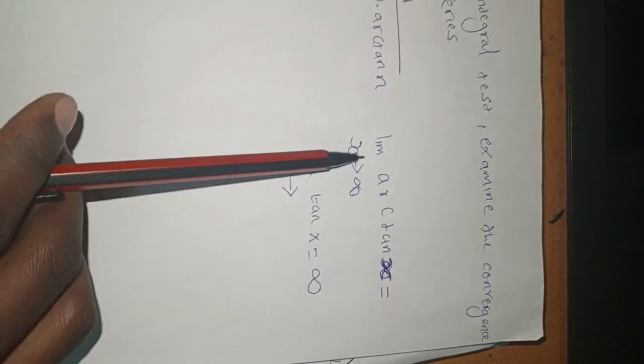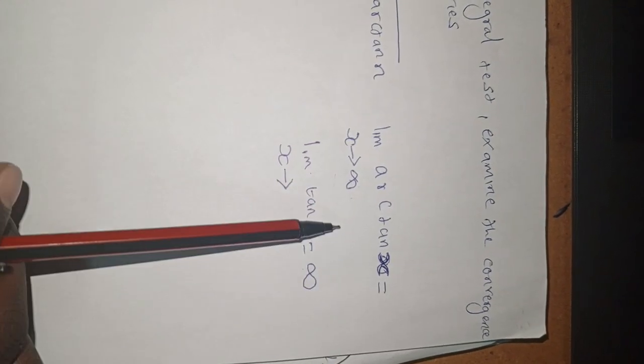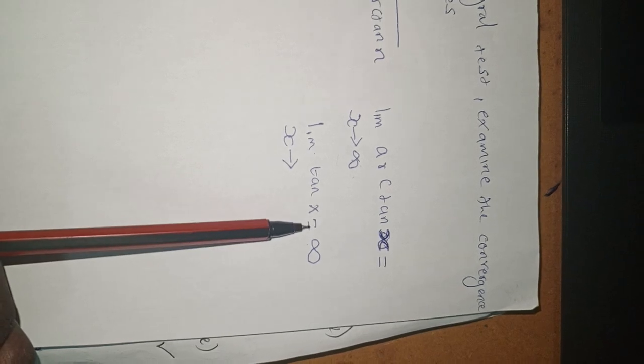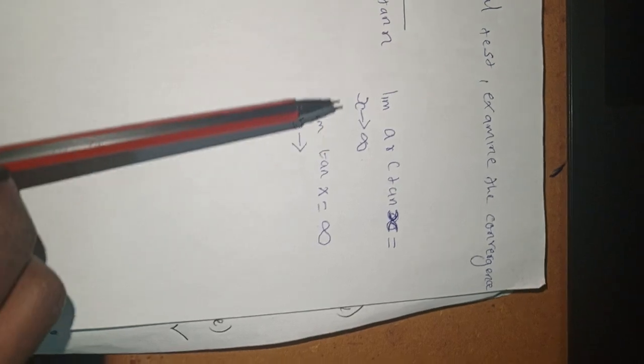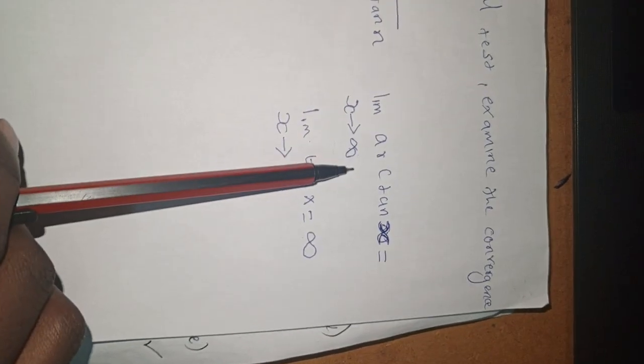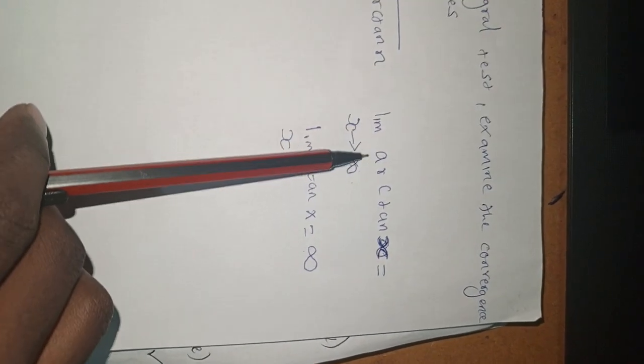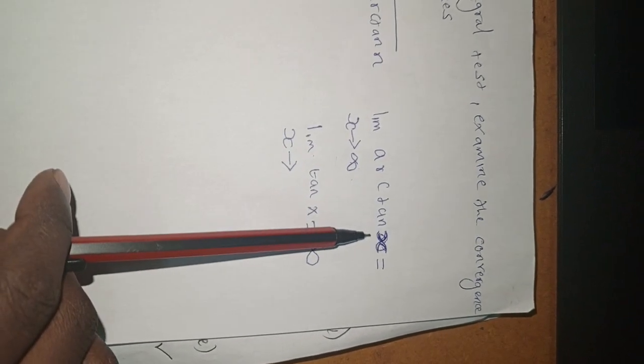We want to find the limit of arctan x as x approaches infinity. Now we can use the limit of tan x, which gives us infinity, because whatever value of x we get, tan x will equal infinity. As x approaches infinity, the limit of arctan x will be the same value we get here.